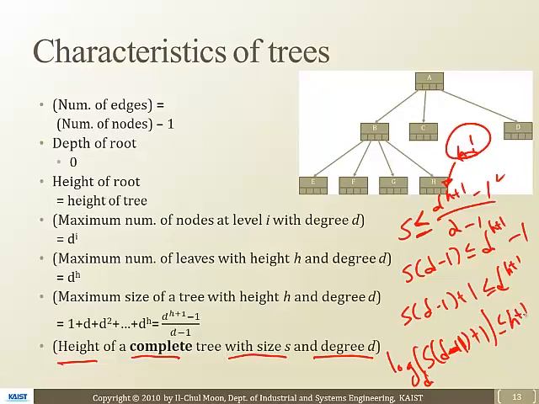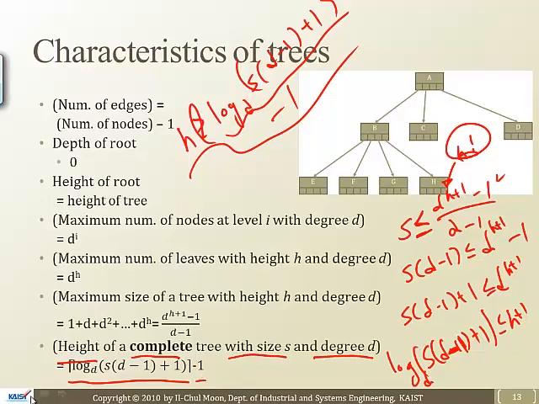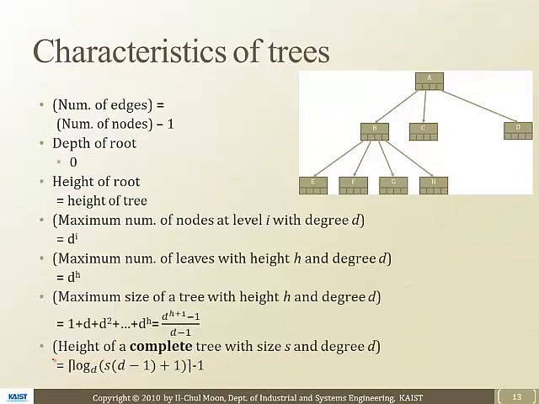And then we get H, right? H is greater than log_D of ((D - 1) S + 1) minus 1. So it's high school math, and we find out this H. And because this inequality is coming from here, I'm going to put this thing here and minus 1 here, right? So it looks complicated, but it's simple high school math. You can do this. I believe in you, right? It's easy. So we found out these tree characteristics.